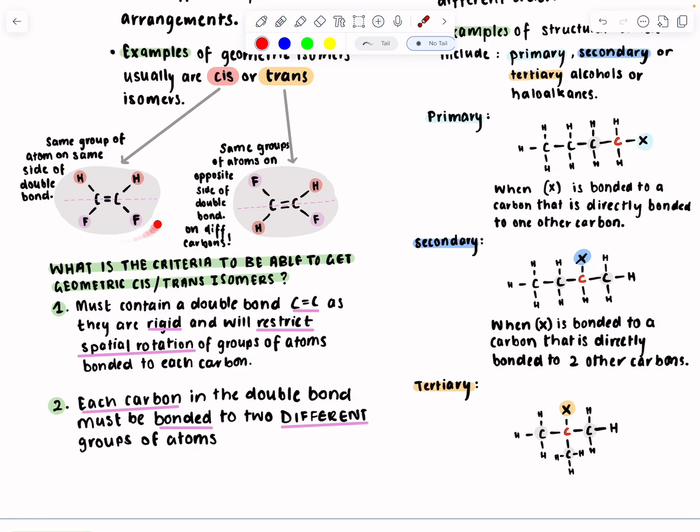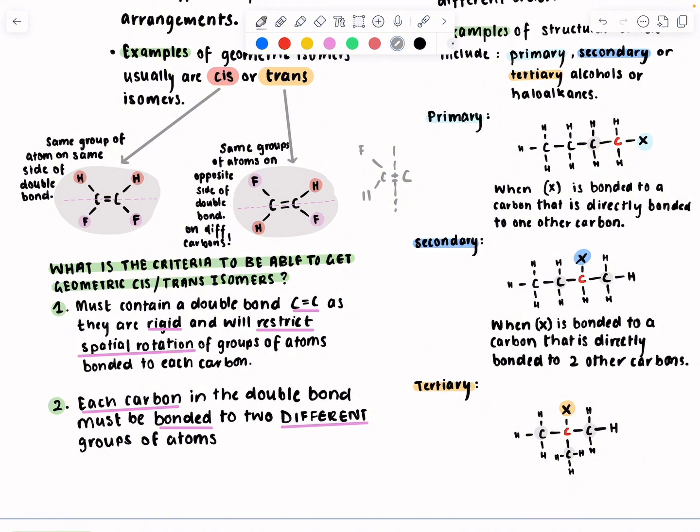And so that's why you're able to get either a cis or a trans geometric isomer. You're not able to get the same result if you had the same groups on each carbon. So this is when we're looking at it in the vertical plane, like this, okay? You want each carbon to have different groups.